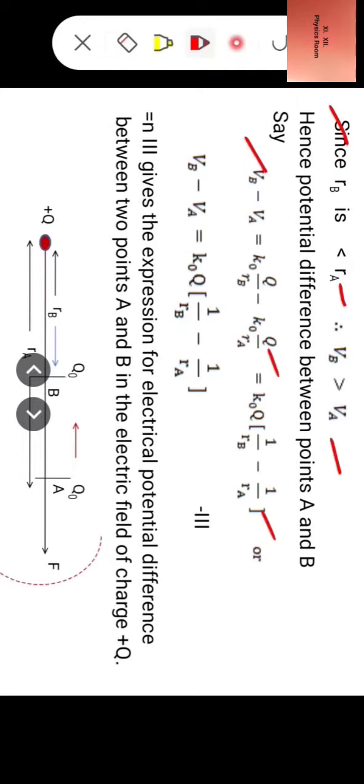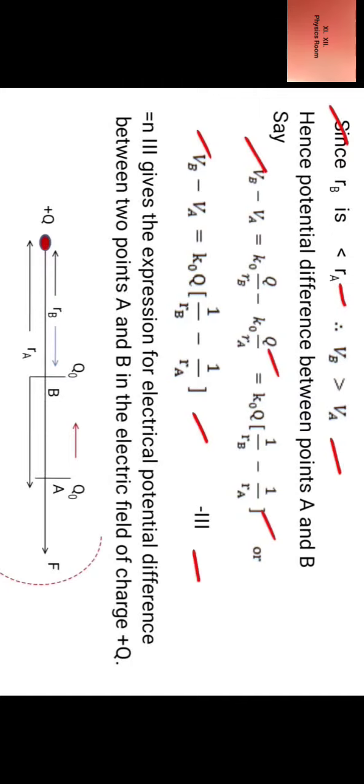Let us mark it as equation 3. Now equation 3 gives the expression for electric potential difference between 2 points A and B in the electric field of charge plus Q. Now you can see in the diagram where is point A, where is point B.